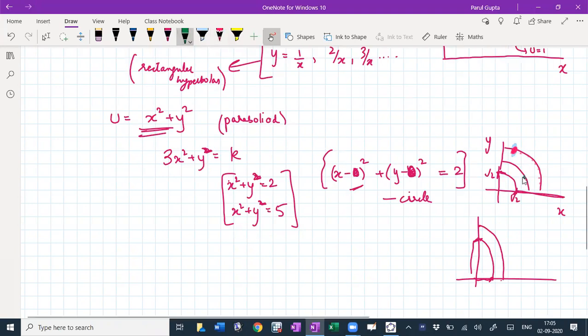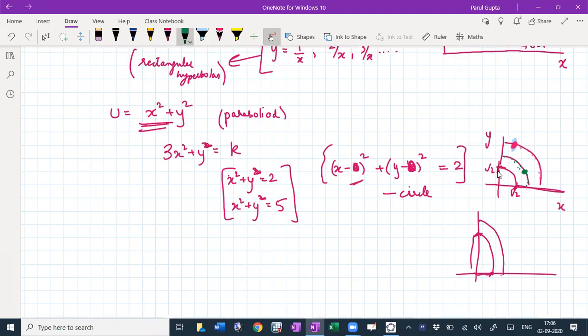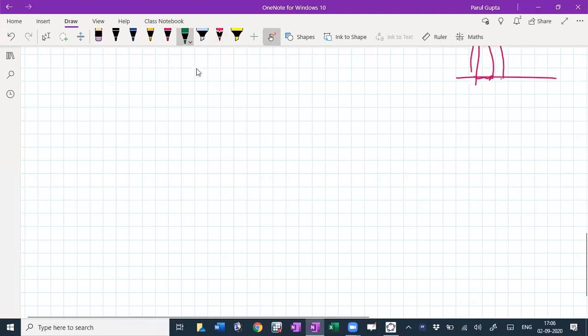Similarly, if I take another point on a different indifference curve, all the points lying on the curve passing through it are giving me the same utility.